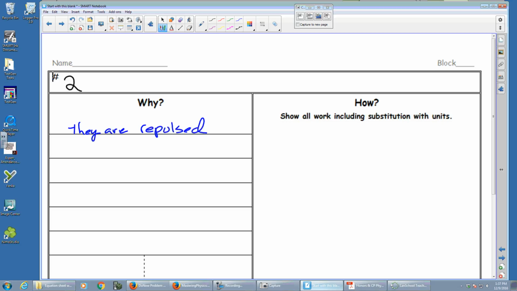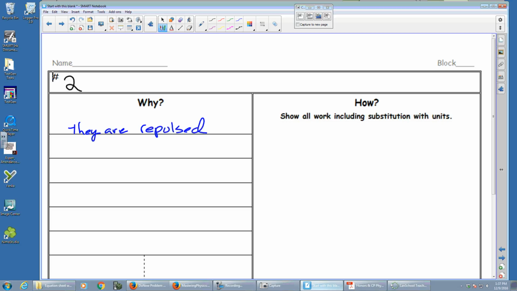Is there an electrical force between these two particles because they contain mass? I'm just waiting to see if more people will participate. No. Why not? Because it doesn't say anything about mass. I'm just assuming that they have mass.